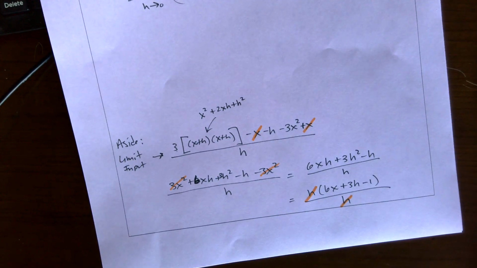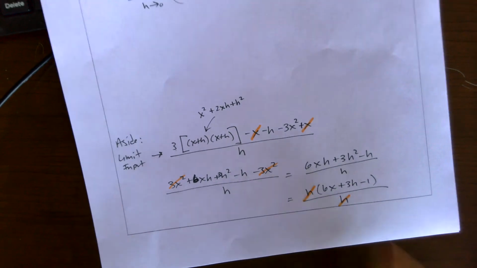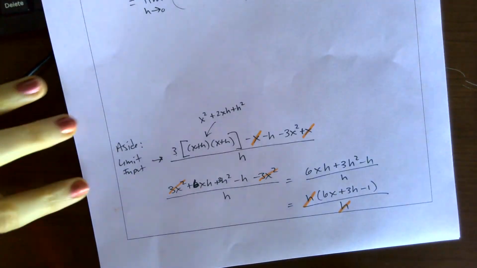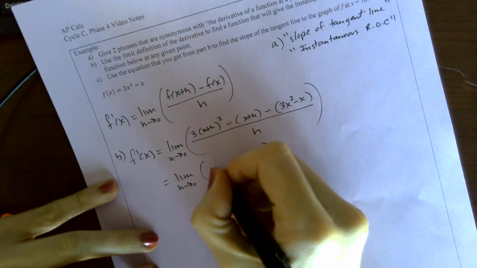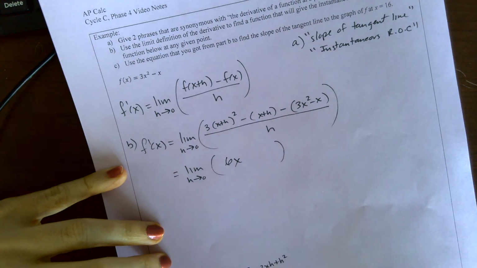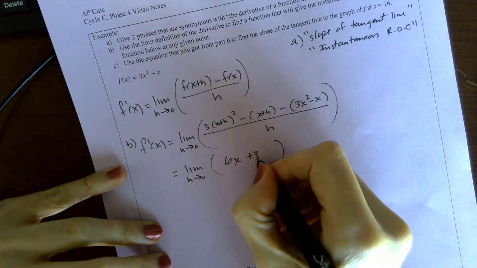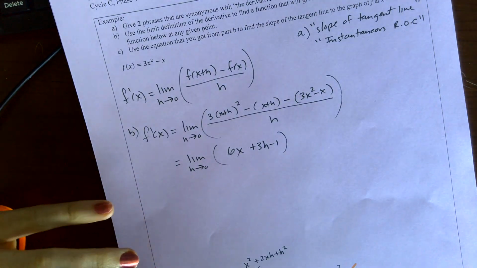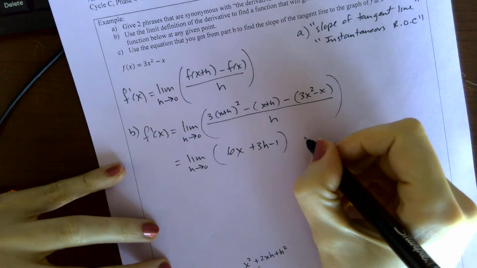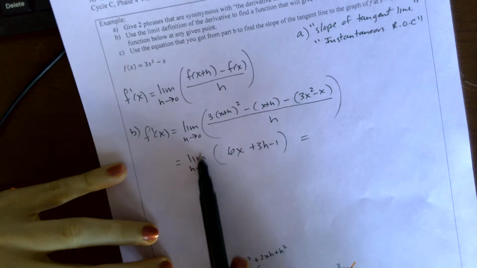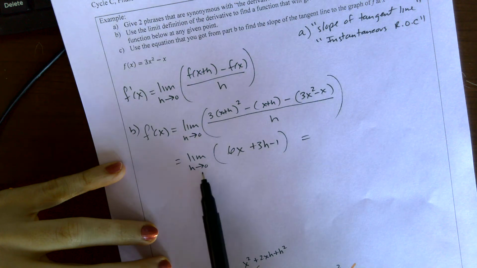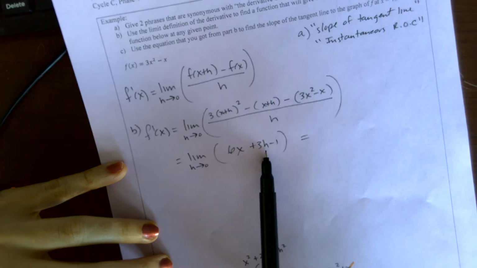Okay. And now that you got the h to cancel, you can take this and put it back up in the limit. So 6x plus 3h minus 1. Now you do direct substitution, so the limit is going to go away. h is getting closer and closer to 0, so for this h we put a 0.